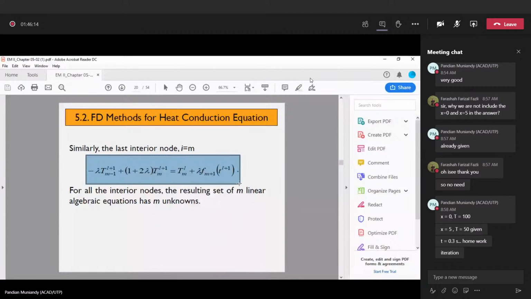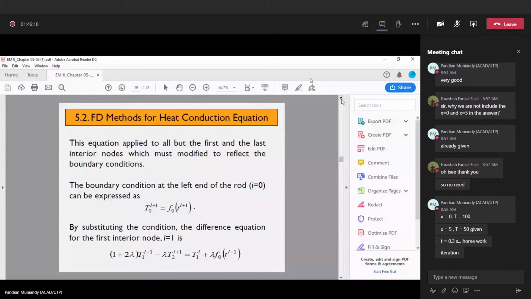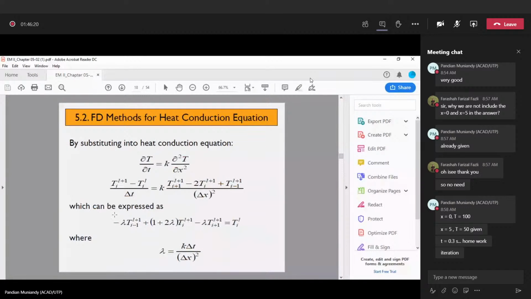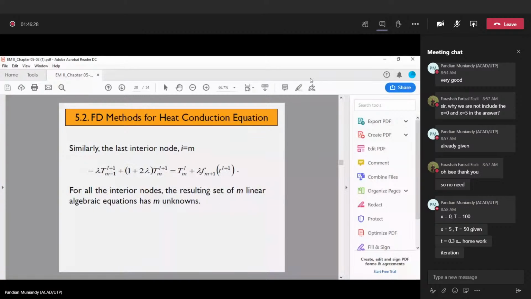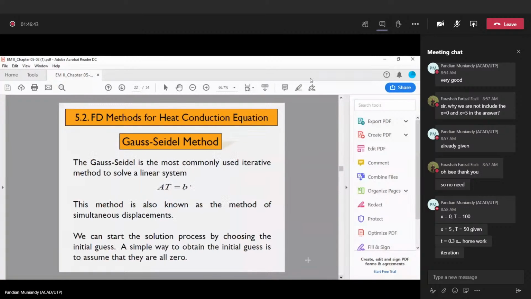So you can create the matrix using this or this equation. Yeah, either one. So this one is modified and then they got this equation. So this equation is the system of linear equations. So you must familiarize yourself. You must use this frequently. Try to practice.